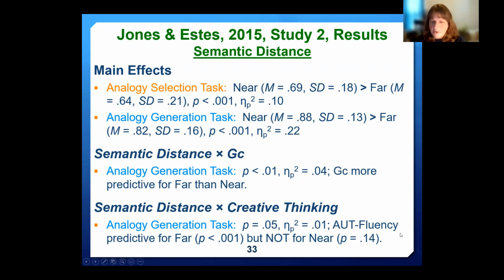So the AUT fluency, by the way, is a measure of retrieval, in addition to being somewhat a measure of creativity, it is getting at the retrieval aspect of creativity. How able are you to retrieve alternative uses from memory or to think of alternative uses?